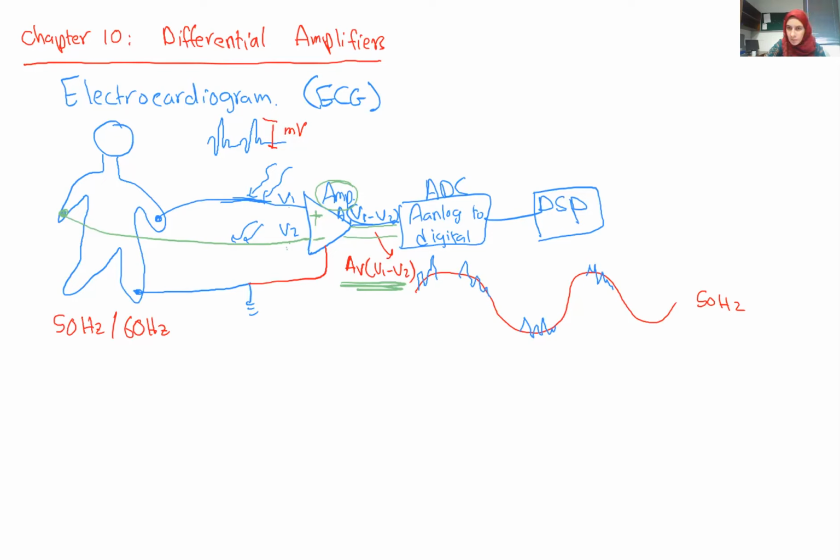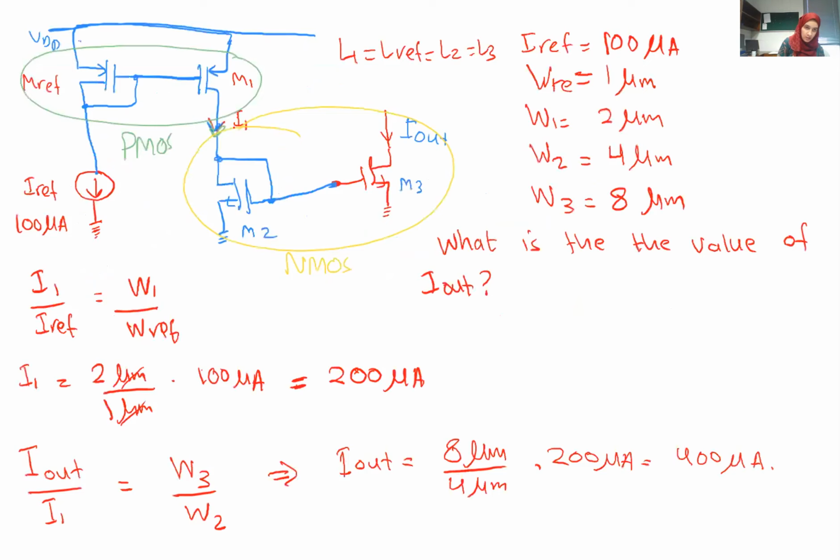For a current mirror, is it important that the two transistors used are of the same type, 2 NMOS or 2 PMOS? In the same current mirror, yes. I cannot have a PMOS here and connect an NMOS there, because the mobility of the NMOS is different from the mobility of the PMOS.